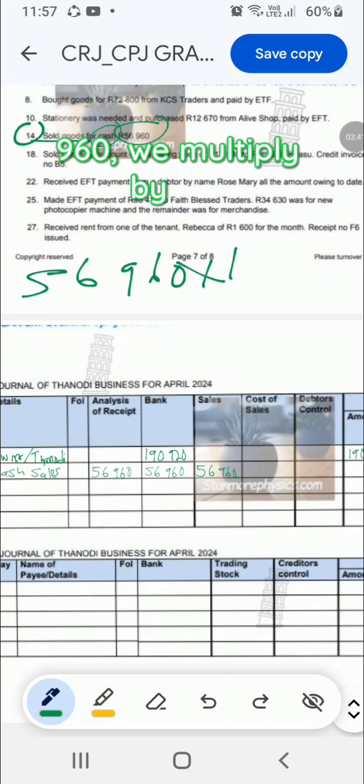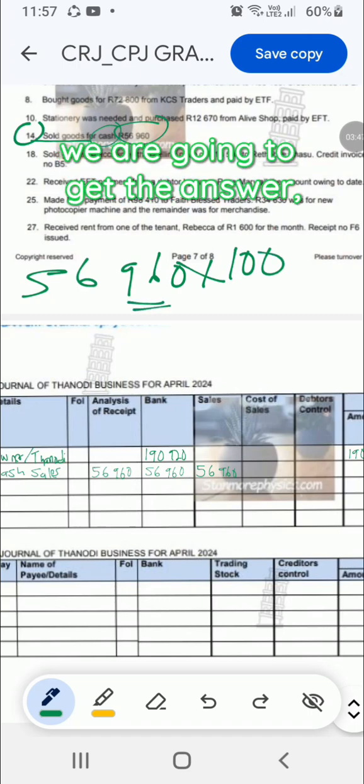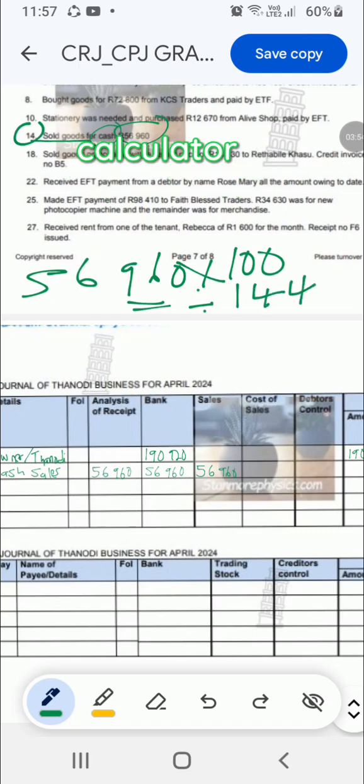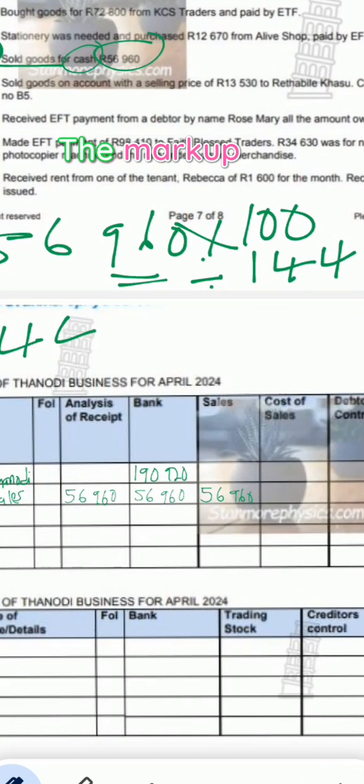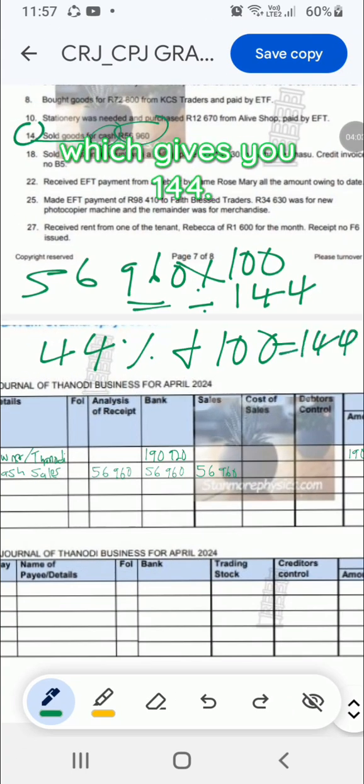We multiply by 100 since we are talking about the percentage. We are going to get the answer, then divide by 144. Do not punch this in the calculator at once. Now, where does the 144 come from? The markup and 100, which gives you 144.